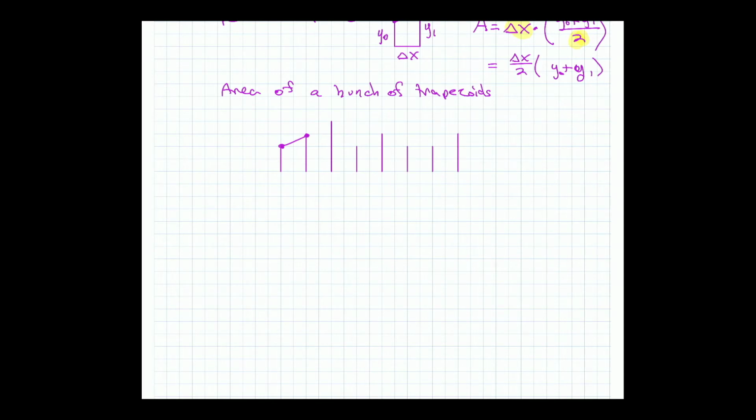Okay, so I just drew a bunch of vertical segments. Now I'm going to connect them with lines. And there we go. So I've got a bunch of trapezoids now.